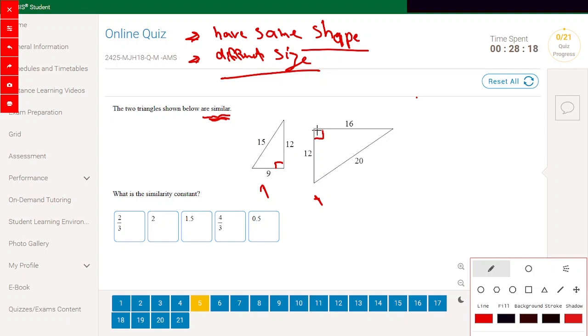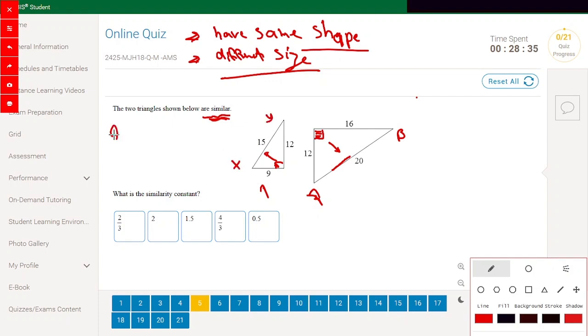So for these two triangles, we need to know which side is similar to which other side. For example, we have this right angle, so the opposite side is the hypotenuse. And this right angle also, and the opposite side is the hypotenuse. That means this hypotenuse, let's say AB, is similar to XY.